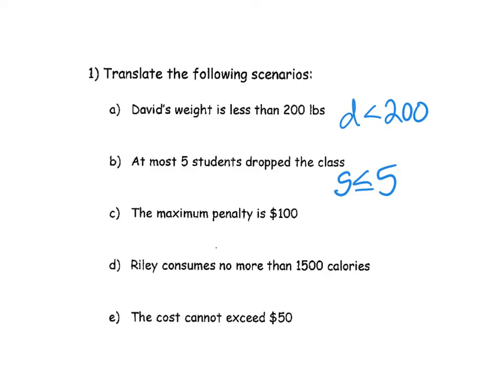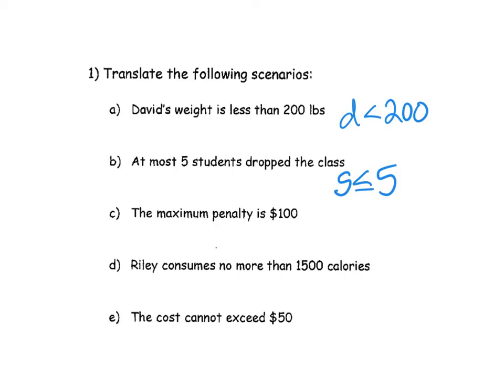Okay, C. Oh, maybe I got a ticket or something. The maximum penalty is $100. The maximum penalty. So do I maybe have to pay $150 or do I maybe have to pay $75? The maximum penalty. Hello? Are you here? I need volunteers.